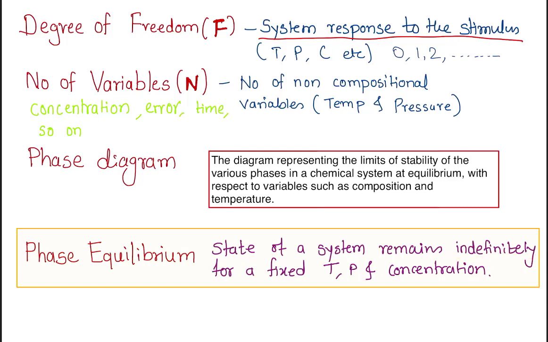So if I have water, and that water does not change its phase, we call that water is in equilibrium. Similarly, if I have a metal such as copper, and if copper does not change its phase at fixed temperature and at fixed pressure, then I can call that the copper phase is in equilibrium.